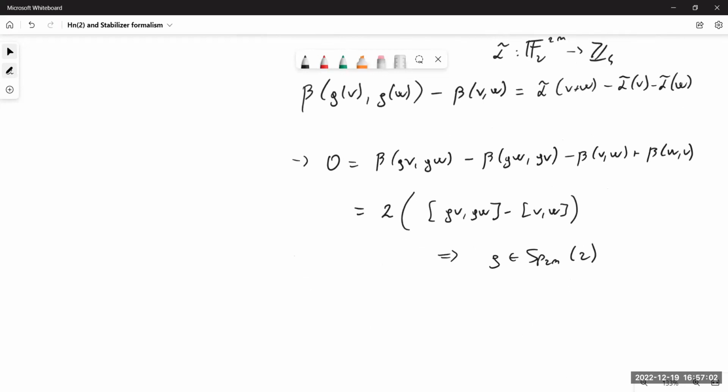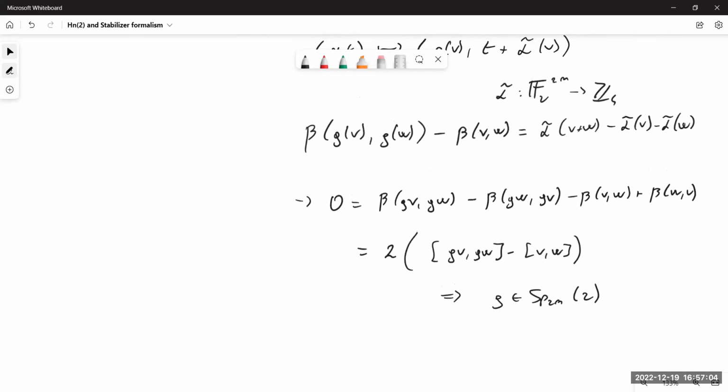But now the problem is that the left-hand side of this equation here does not vanish for any G. So we cannot separate the G and the alpha function as we did in the odd case.